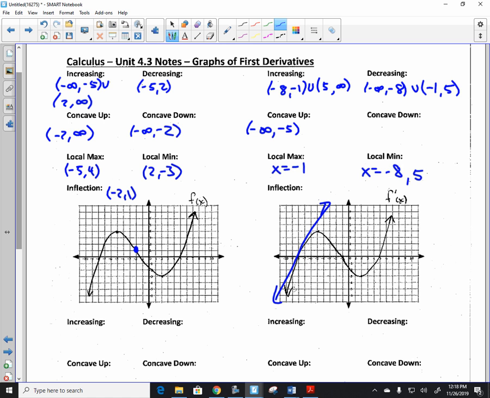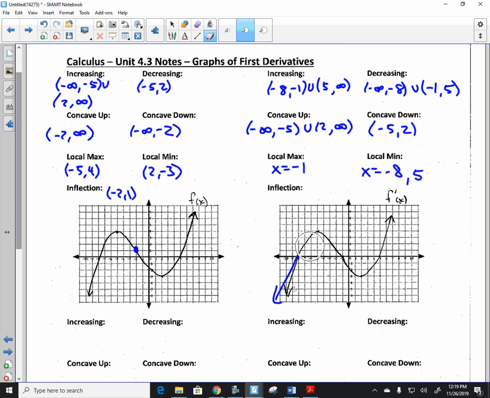So the second derivative is positive from -infinity to what? -5. Union, where else is the second derivative positive? 2 to infinity. Where is the second derivative negative? -5 to 2.